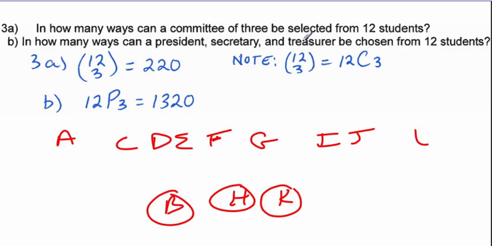This question was on here to emphasize the difference between a committee where Bob, Mary, and Joe are all the same, or an executive where Bob is the president, Mary is the secretary, Joe is the treasurer, versus Mary is the president, Joe is the secretary, Bob is the treasurer, and so on. All those different situations where the people are ordered differently matter in this case, and do not matter in the committee case.